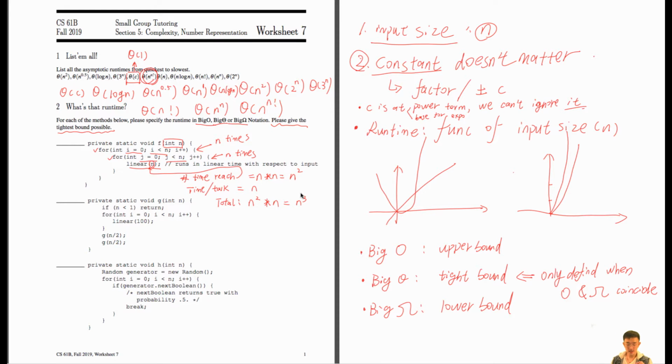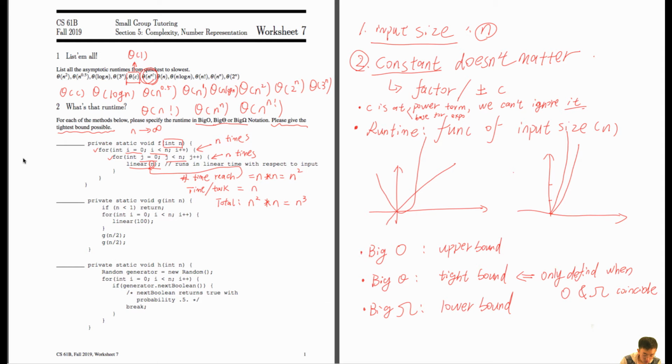Now, as we said, we can never assume that n is really small to reach a best case, so all we want to do is see what happens when n goes to infinity, or when n is large enough. In this case, there is no worst case or best case, because no matter what, you need to run all n squared times of this double for loop, and in each iteration, you're going to run a linear time function.